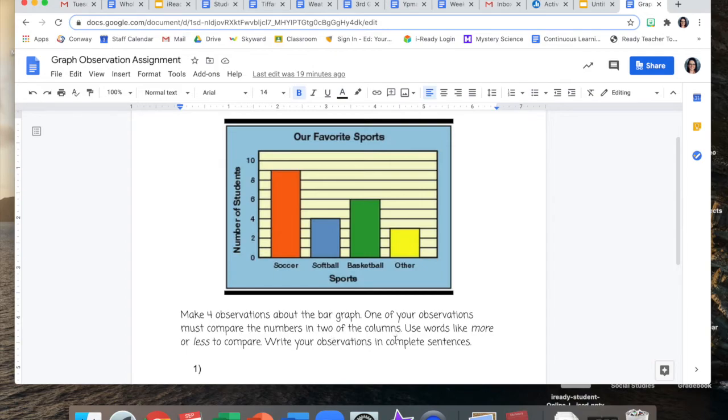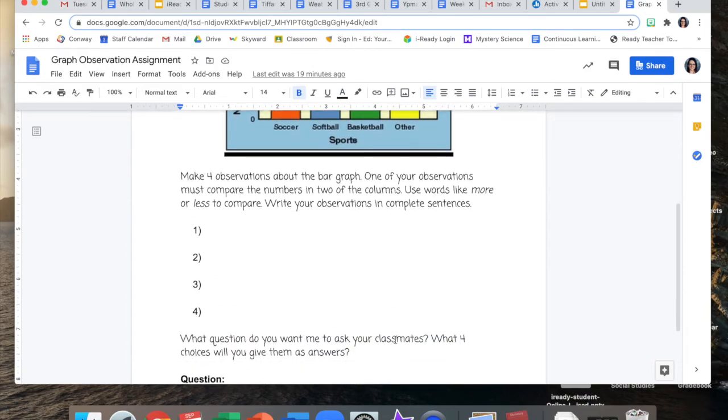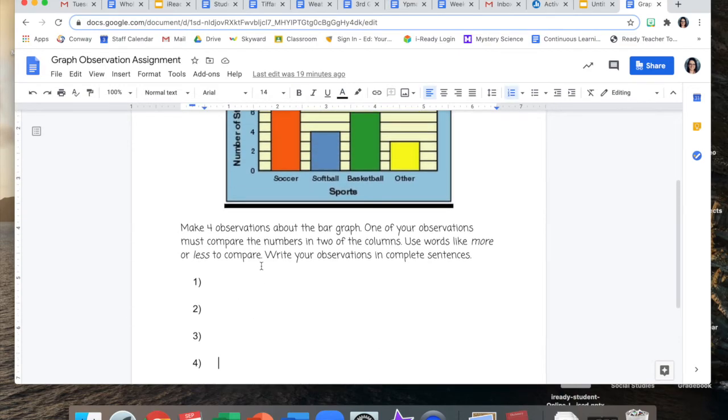So watch out for that when you're counting the numbers. Down here, the directions say, make 4 observations about the bar graph. One of your observations must compare the numbers in 2 of the columns. Use words like more or less to compare. Write your observations in complete sentences. So here's the place where you can type them.